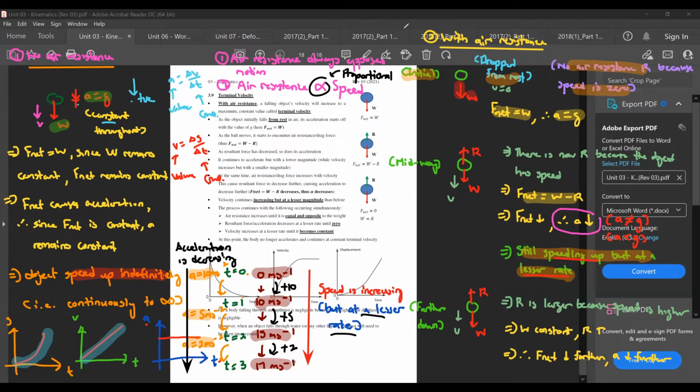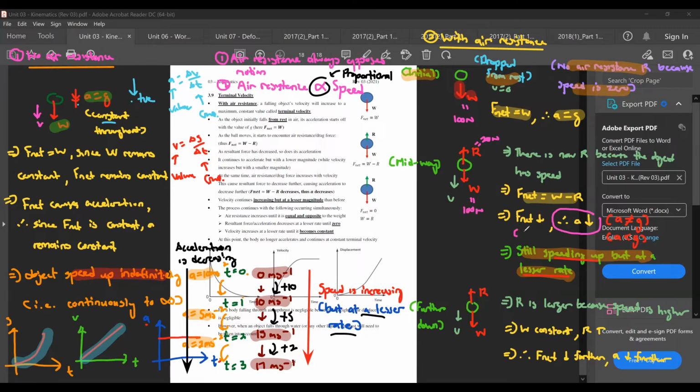So if it helps you to understand better by having values, maybe I tell you that W here is 100 Newton. My R here is say 20 Newton, while my W here is 100 Newton.